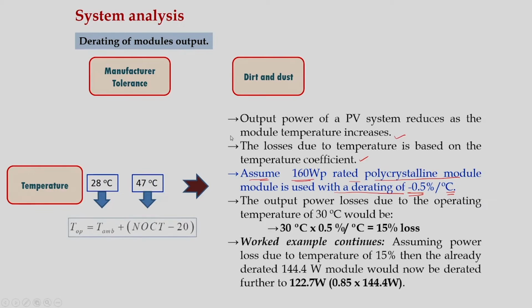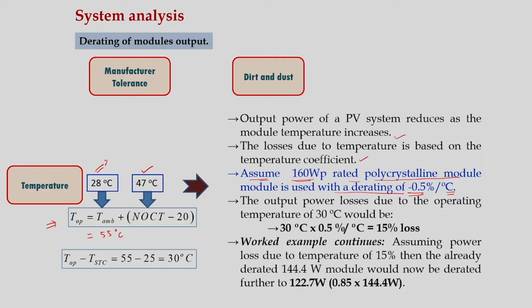Say ambient temperature is 28 degrees C where the modules or panels are installed, and NOCT for that module is 47 degree C. By using this expression we can calculate the operating temperature. If we substitute these values, 47 minus 20 becomes 27, plus 28 becomes 55 degree C.